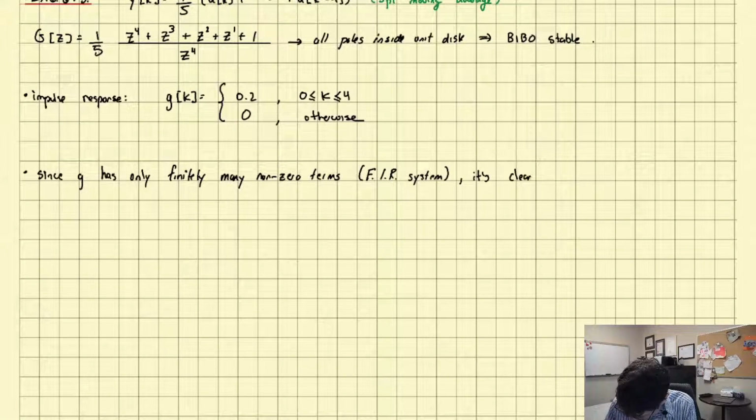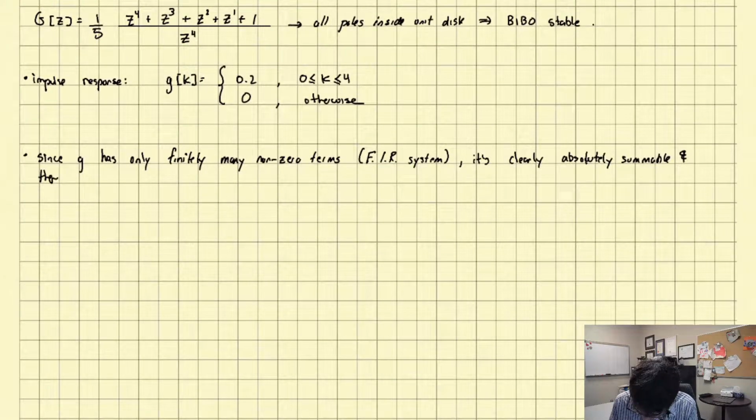It's clearly absolutely summable, and therefore BIBO stable. Okay, so either checking the poles or checking the impulse response, of course we're going to get a consistent answer, and that's what we've done.